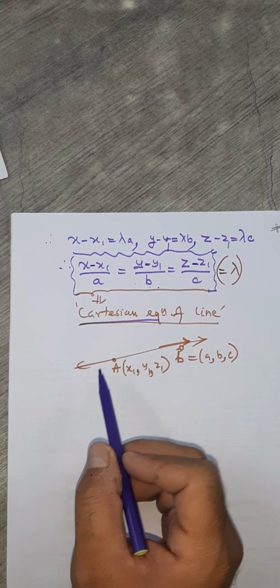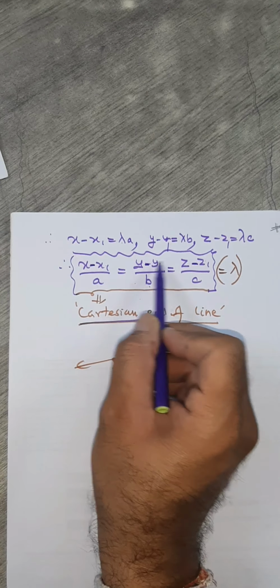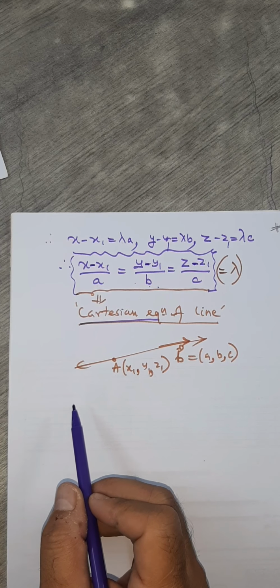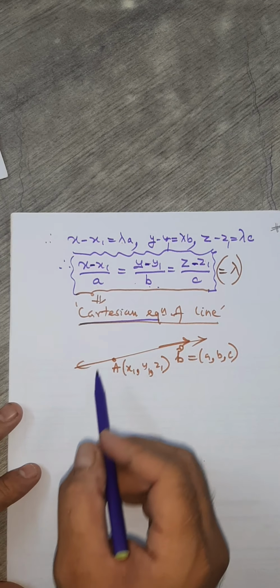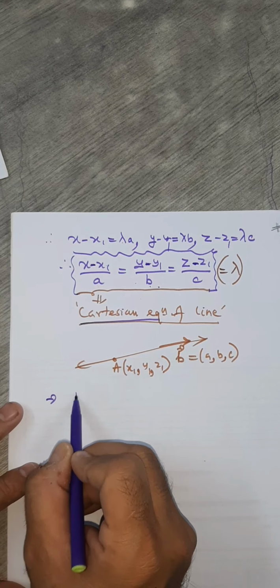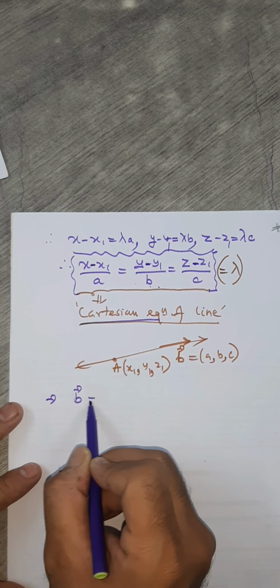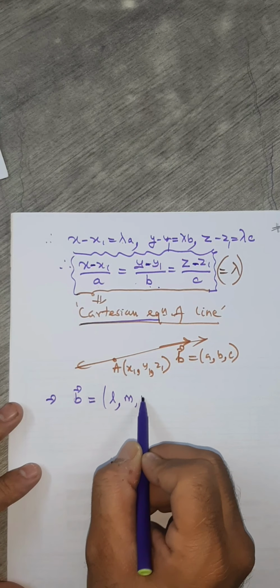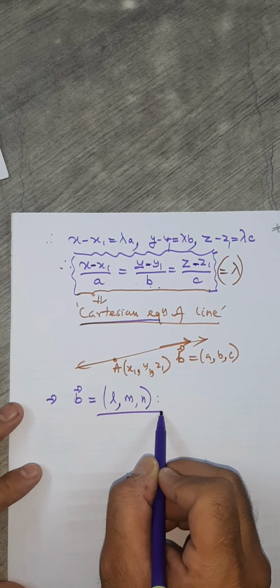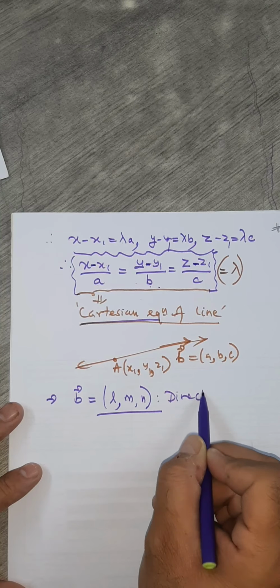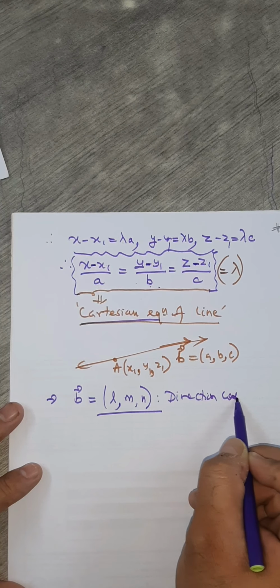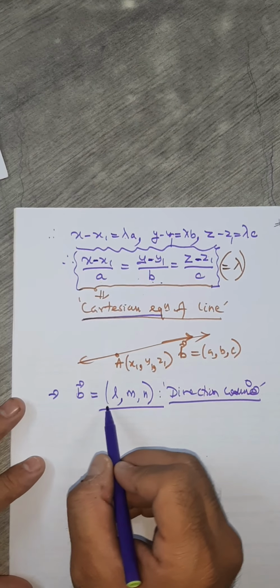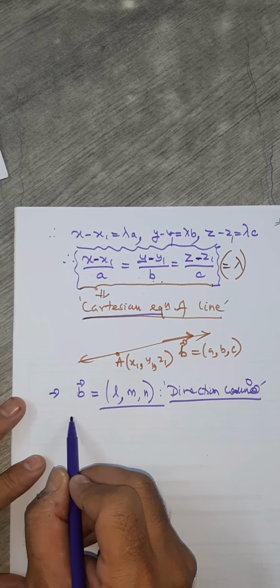And the minus sign is there in the numerator, that you have to keep in your mind. Secondly, if I take vector b equals just a, b, c, you can choose your l, m, n also. l, m, n means direction cosines. You can choose like this also, instead of just the direction of the line.